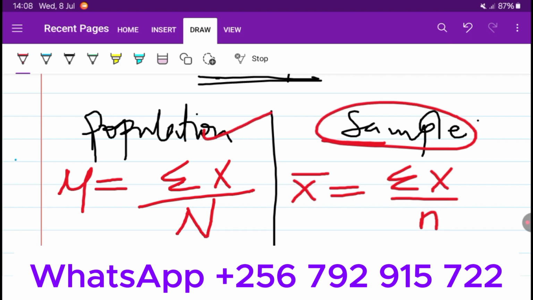When you are dealing with the population, number of observations is abbreviated as capital N because it includes the entire data that you have. So this capital N will be the total number of observations in the population. This small n will be the total number of observations in the sample.